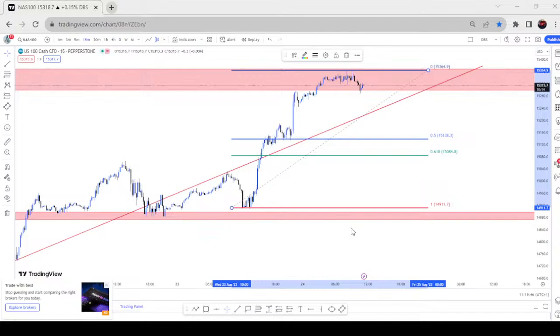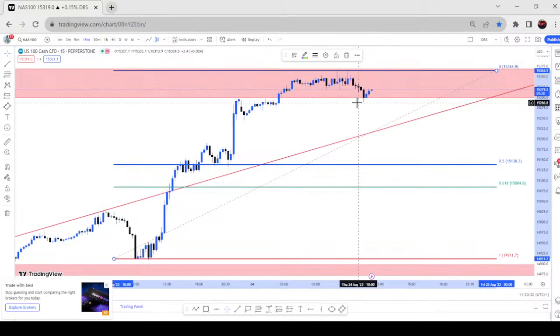Right now you can pick any pair of your choice, but I would advise that you first start trading that pair on a demo account to see if it's going to respect your analysis.